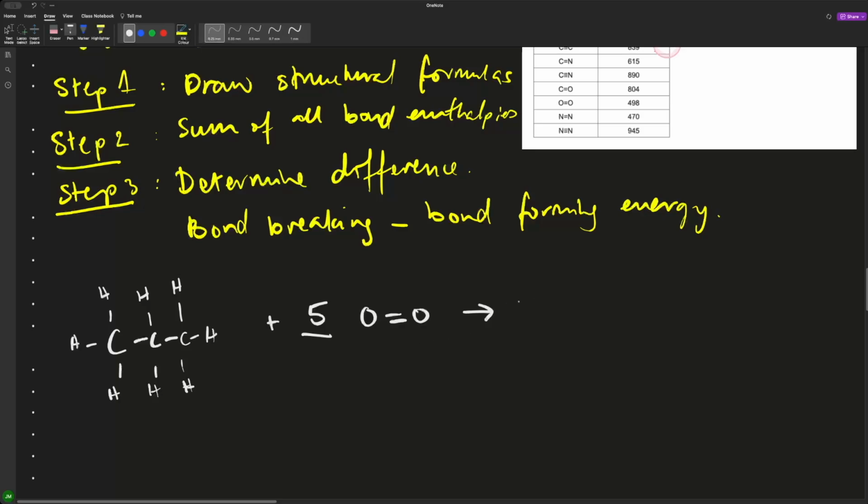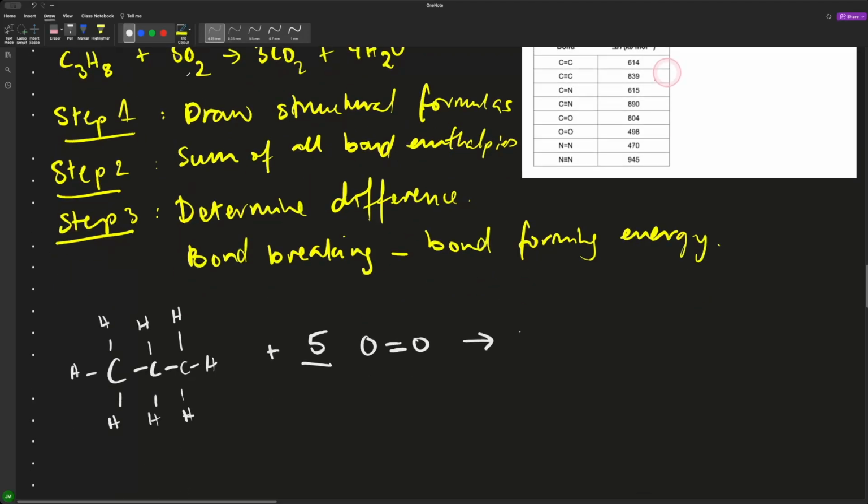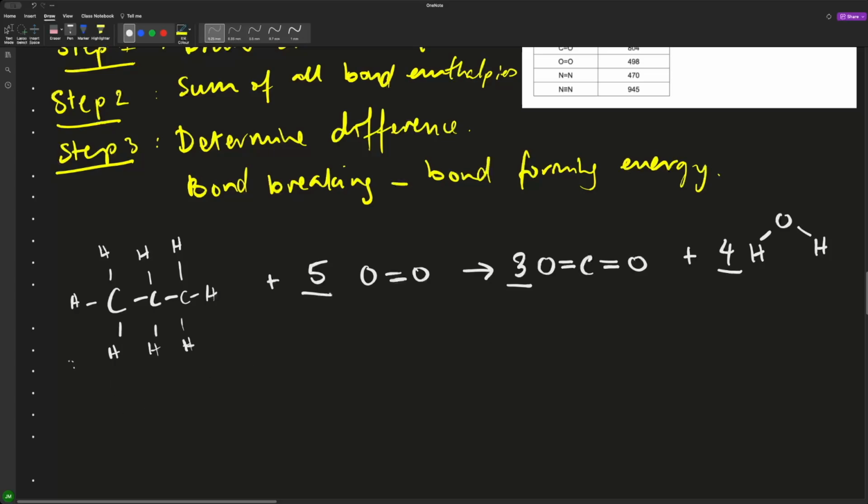Now this is going to become 3 carbon dioxides. Again, carbon is the central atom, double bonded to an oxygen, double bonded to an oxygen. And we have 4 of the water molecules. H, single bond O, single bond H. All right, so these are all of our reactants.